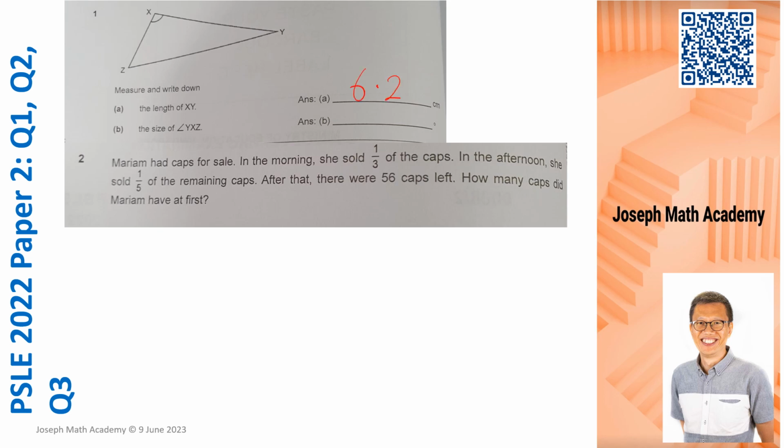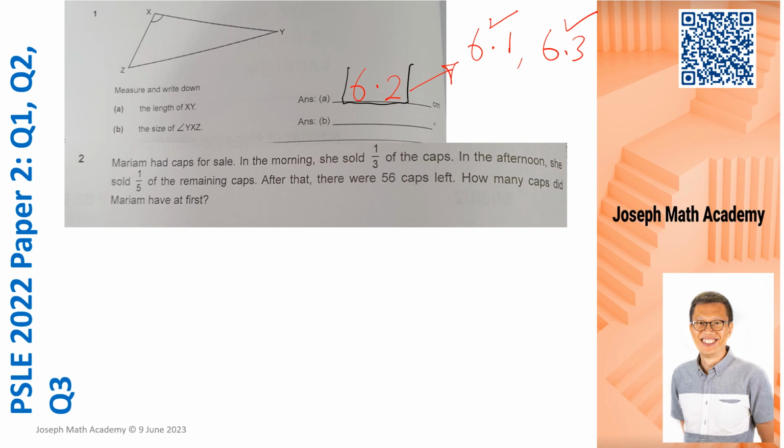Now, if the actual answer given in the PSLE marking is 6.2 cm, the PSLE markers should accept 6.1 or even 6.3. So plus and minus 0.1 cm error is allowed.